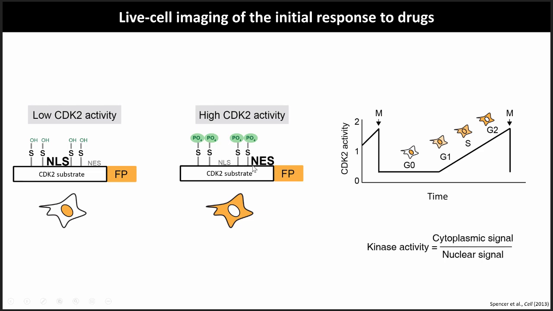This unmasks a nuclear export sequence and masks the nuclear localization sequence, and the sensor translocates to the cytoplasm in proportion to CDK2 activity, which means that in an image, you can read out kinase activity as the cytoplasmic to nuclear ratio of this fluorescent signal. After mitosis, CDK2 activity turns off in cells that exit the cell cycle or go into G0 or quiescence, and starts ramping up as soon as cells commit to the cell cycle.